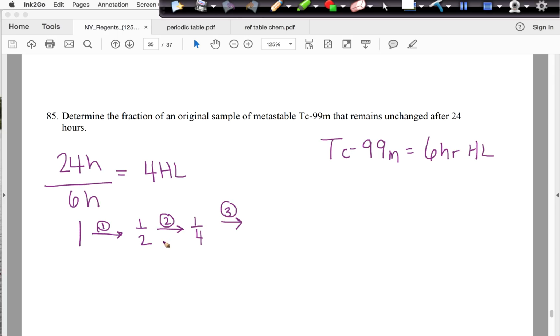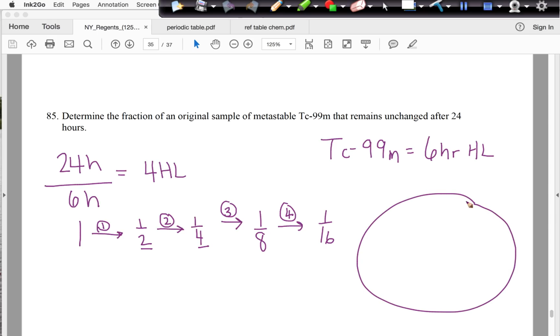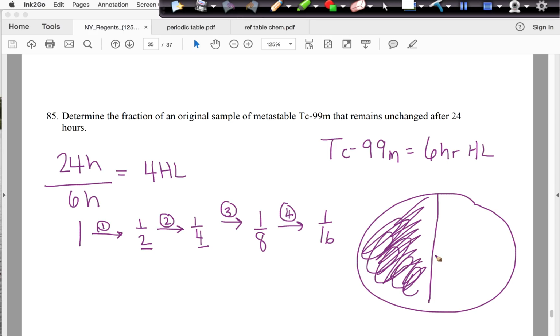So after the first half-life, we have a half remaining. After the second half-life, we have a fourth remaining. After the third half-life, we have an eighth. And after the fourth half-life, we have 1/16. If you're having trouble visualizing that, after one half-life, we have half left. After two half-lives, we have half of that half left, which is a fourth.